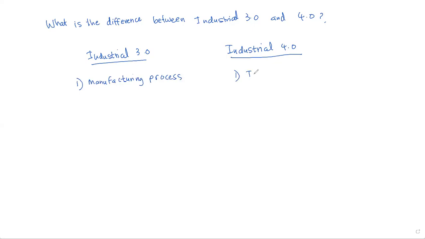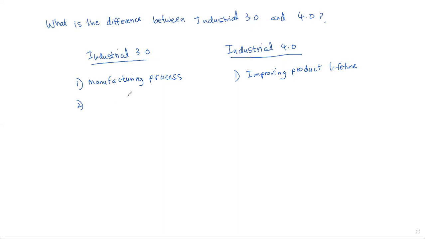So 4.0 focuses on improving the product lifetime. Industry 3.0 focuses on the manufacturing process, which means how we can improve the efficiency of the manufacturing process.